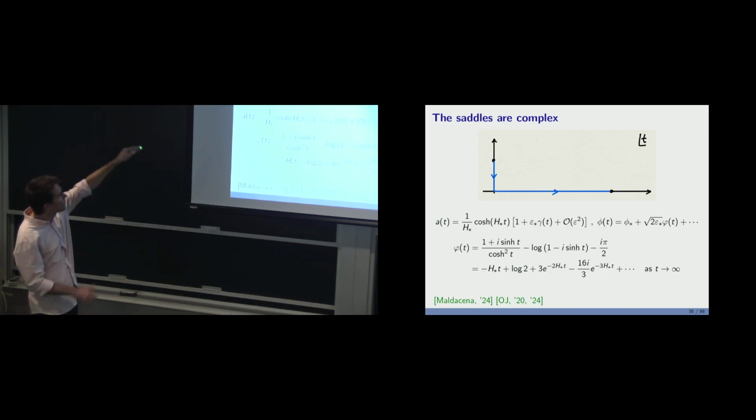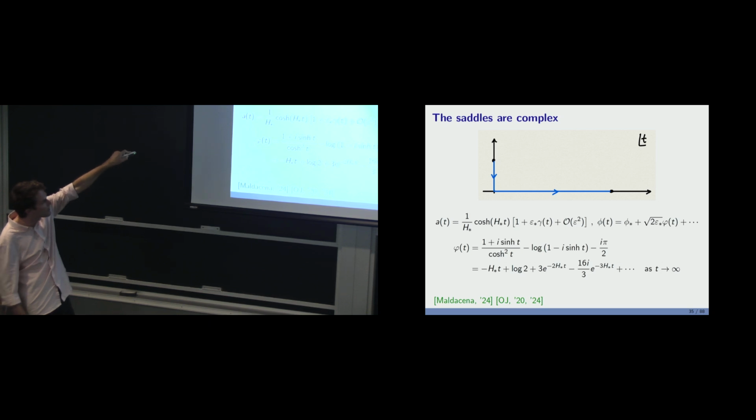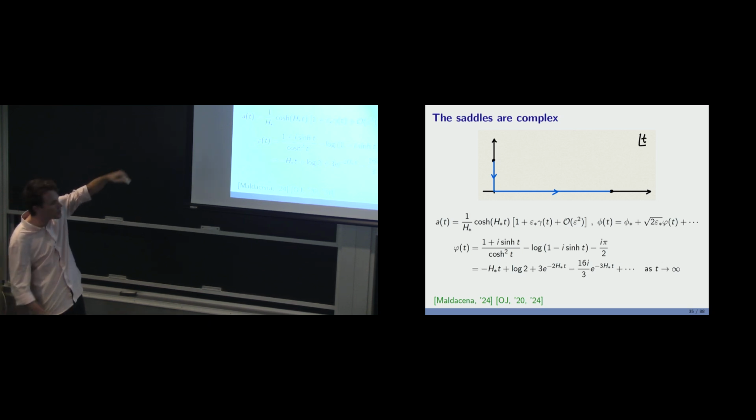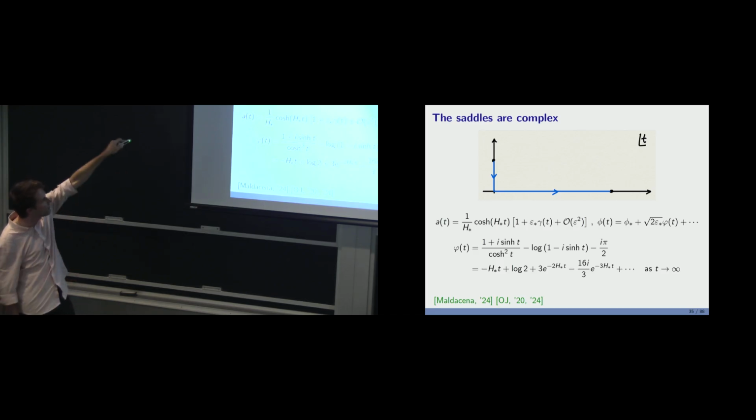I'm viewing any path that connects here to here as some representation of this saddle point, but they'll all be exact solutions to Einstein's equations. Of course, if I make a sharp angle, then there's a discontinuity, but you can regularize this by choosing a smooth curve connecting these two things. And that resulting metric is going to be an exact solution to Einstein's equation with no problem.